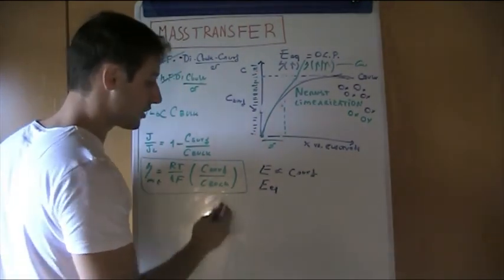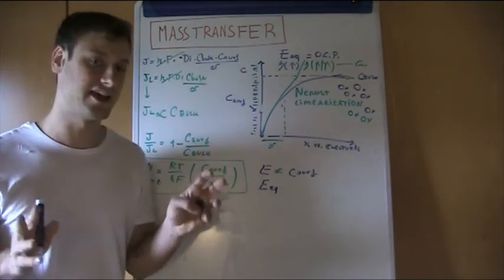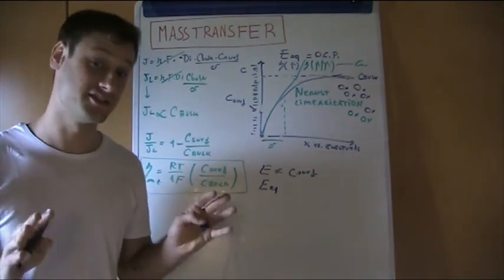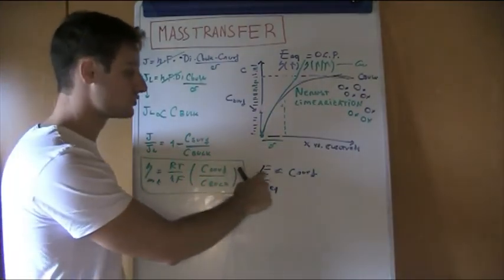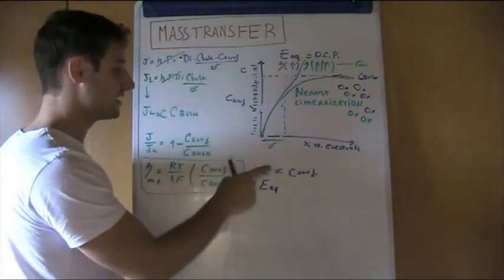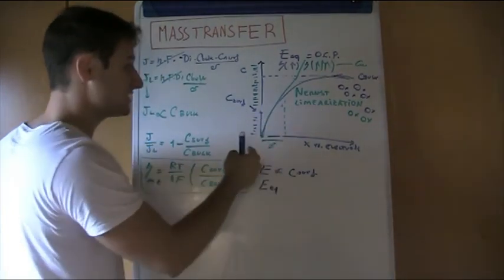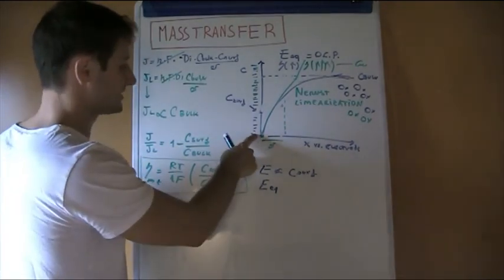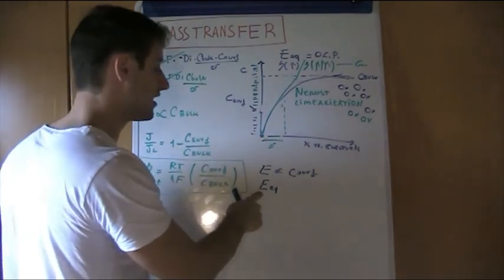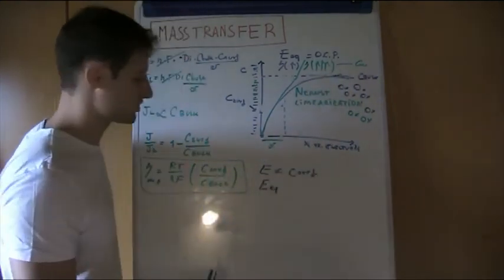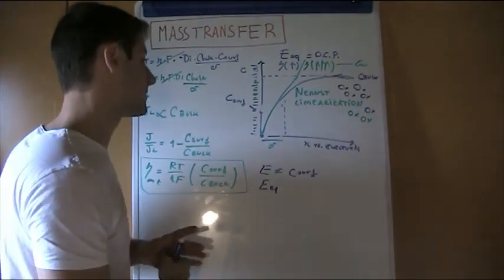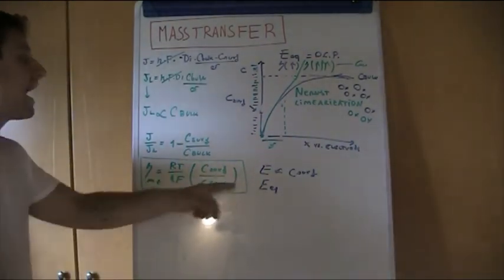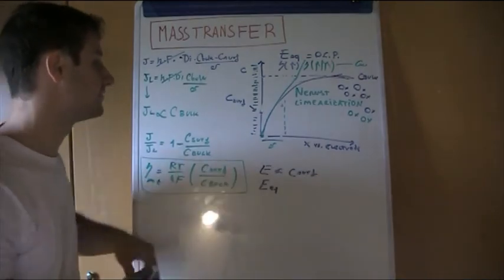Obviously all the Nernst equations are theoretically associated with the open circuit potential. This is obvious, but here we are imagining solving the Nernst equation considering the surface concentration, whereas here we are considering the bulk concentration. So it's basically a smart trick in order to describe the overtension between an actual real process and the equilibrium one.